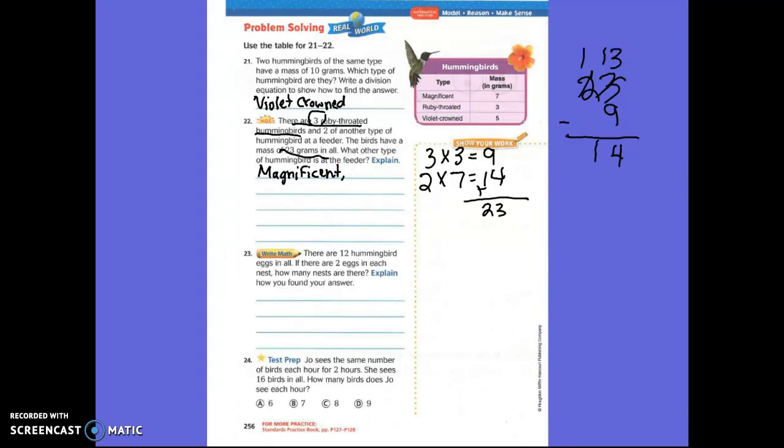And how do we figure that out? I multiplied 3 times 3 equals 9 for the ruby-throated hummingbird.